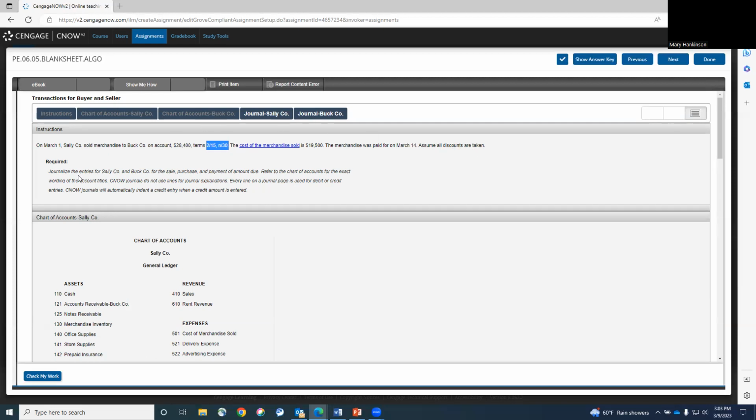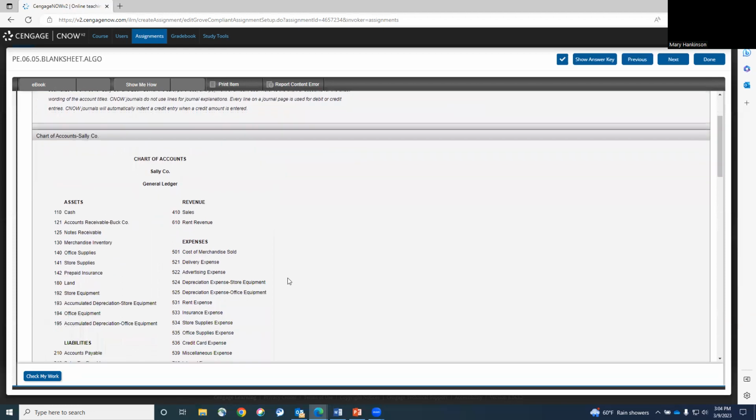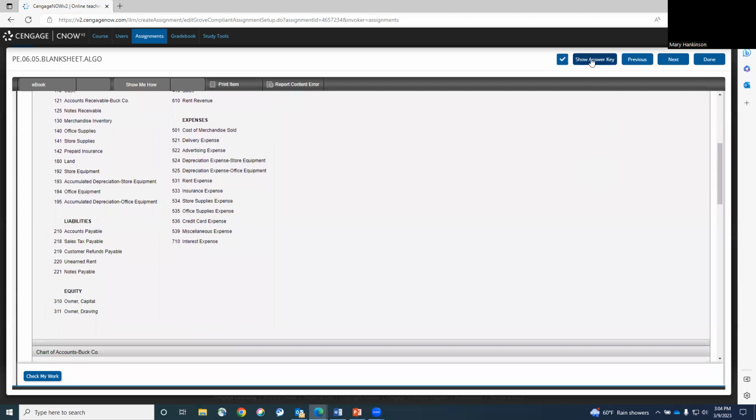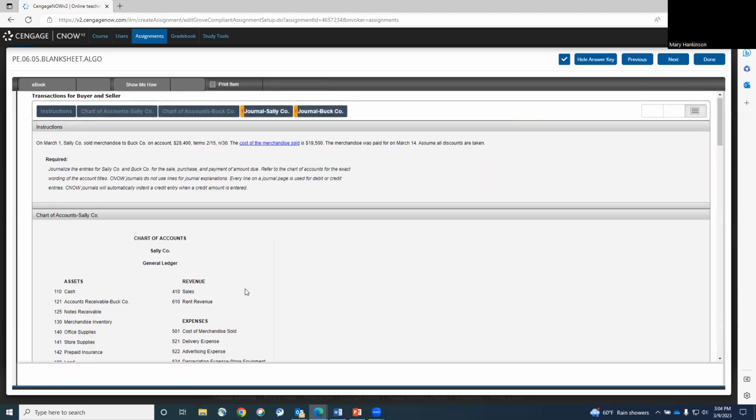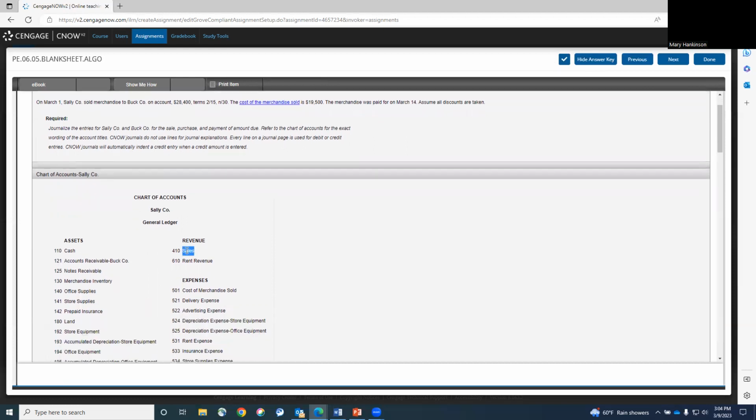So we have to journalize the entries for Sally Company and Buck Company for the sale, purchase, and payment of the amount due. And of course, you always want to refer to your chart of accounts. When I do this part, I go ahead and show the answer key because I am trying to save time. We know the trick: instead of trying to remember exactly how the accounts are worded, when we go to put the accounts in the journal entry, remember I showed you that you can highlight and do a copy and paste.